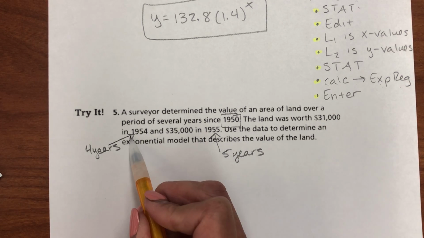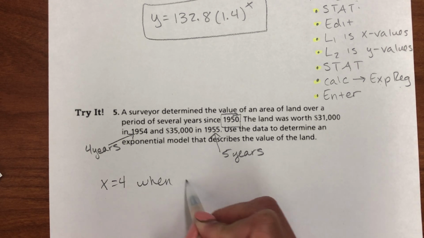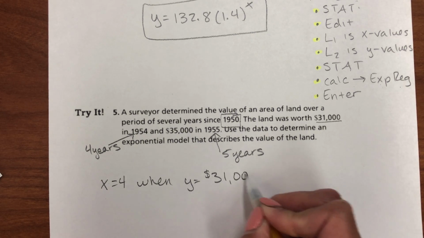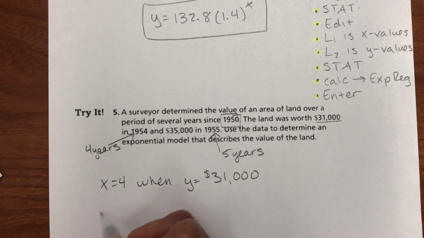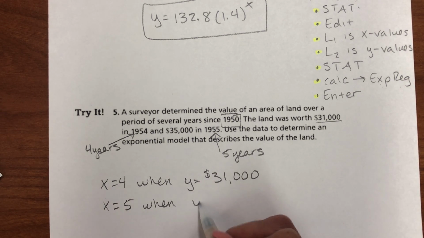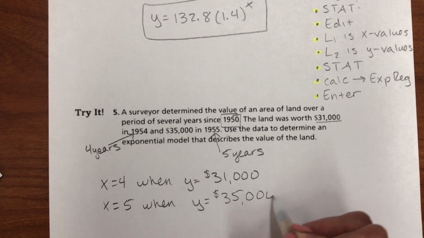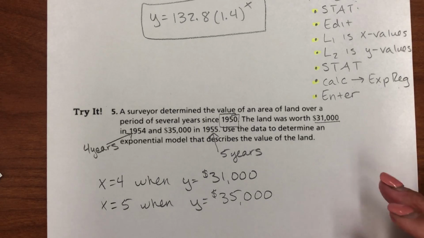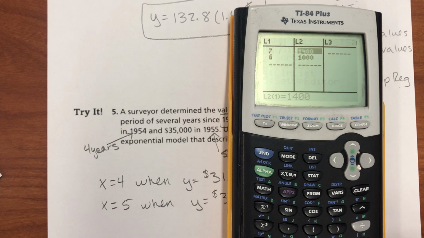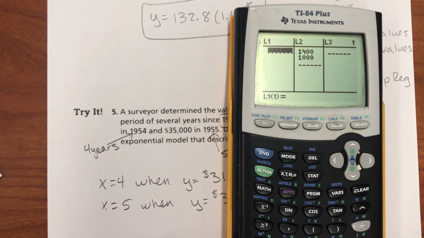So x is 4 when y is $31,000, and then x is 5 when y is $35,000. All right, then I'll just use my calculator to do the work. Stat, enter, clear that out. So I have 4 and 5.